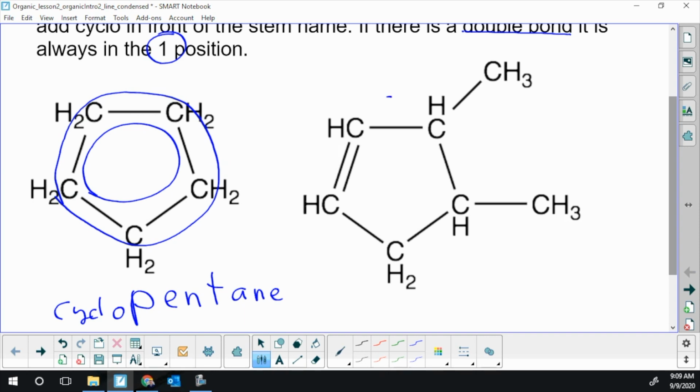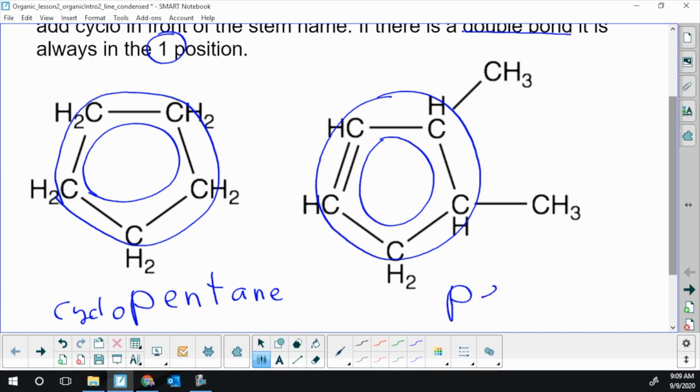So we have a ring. If you have a ring, don't start counting in and out of the ring to get a longer chain. The ring is your stem by default. Okay, so don't count 1, 2, 3 and in and out. 1, 2, 3, 4, 5. So we have another pent. I see a double bond, so it's a pentene.